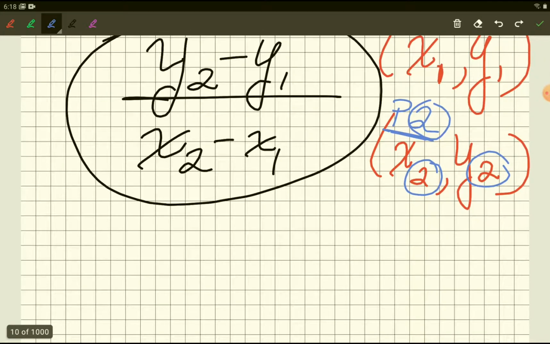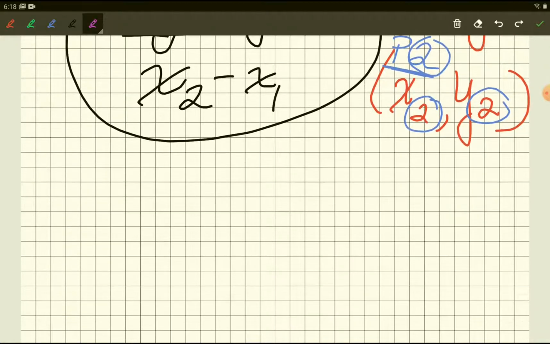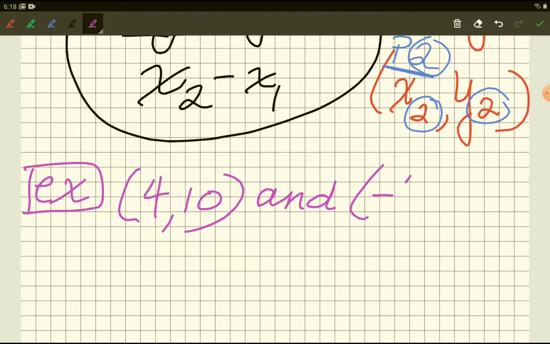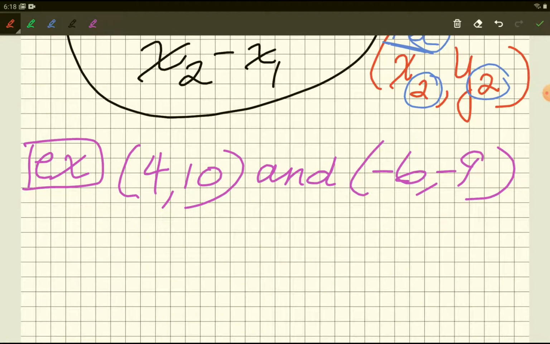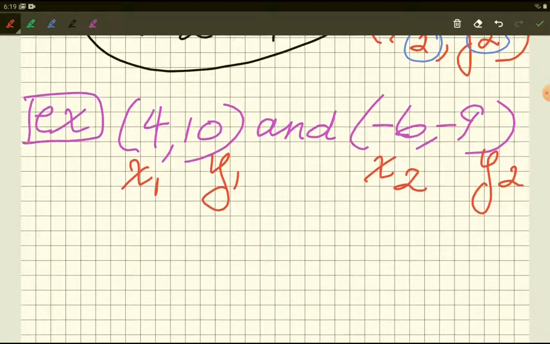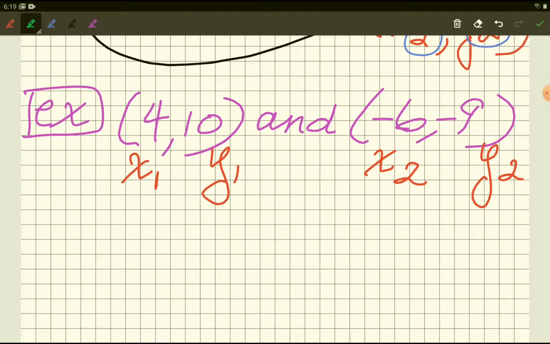Okay, so it's just a very simple computation. I'll do one example. Say I have 4, 10, and -6, -9. So first thing I want to do is I want to label, that's my x1, it's my y1, it's my y2. Once I've labeled everything, because remember, every coordinate point always has an x, and x is always first, and every coordinate point always has a y, and y is always second.